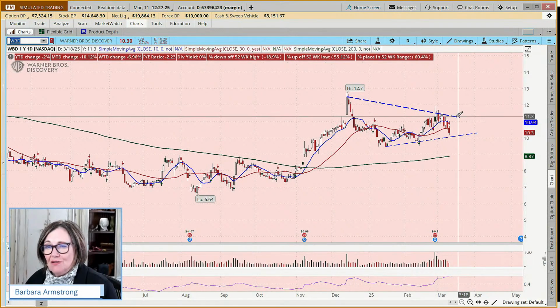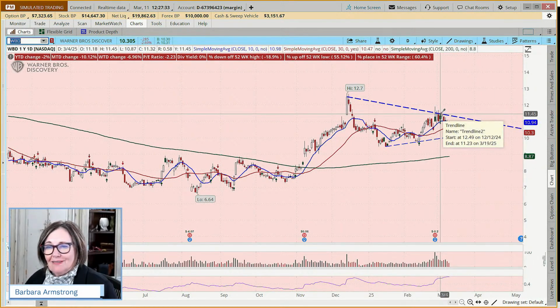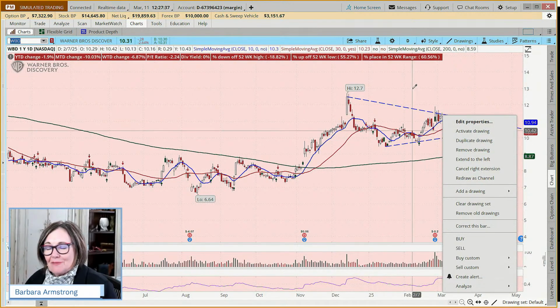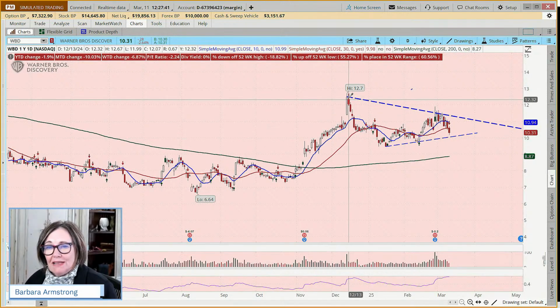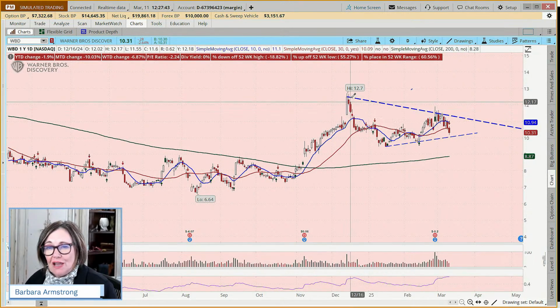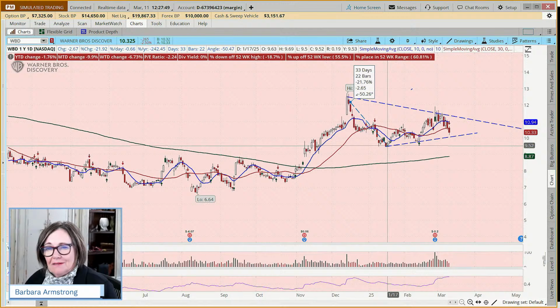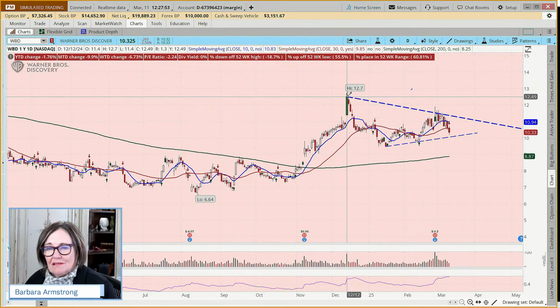And has it broken out yet? Either way, no. But we can extend this to the right, just by, let's see, when you do something all the time, right click. Yeah. So now if we wanted to measure a potential target when it breaks out, could we come here and say, okay, whoops, I didn't get from the high here.